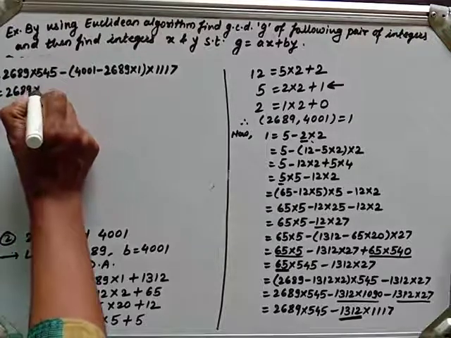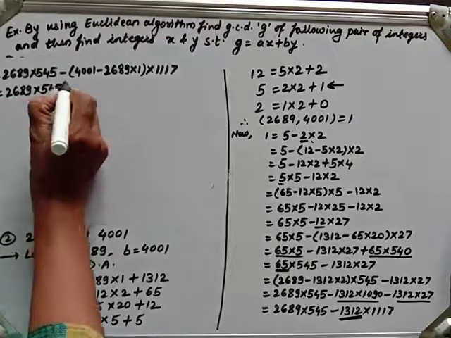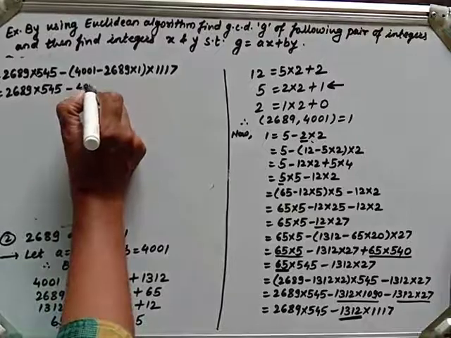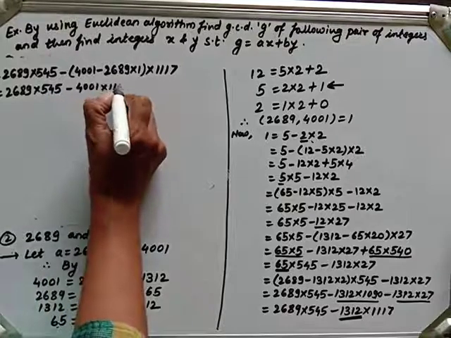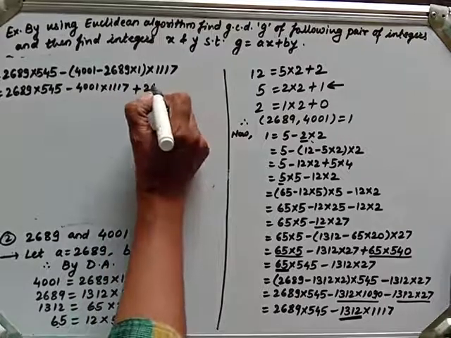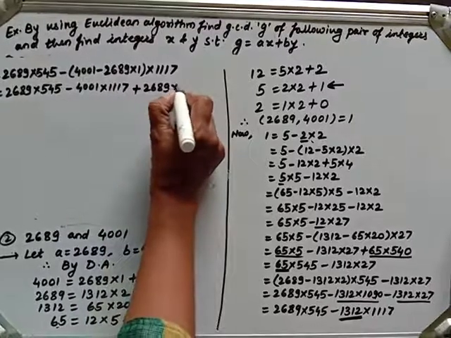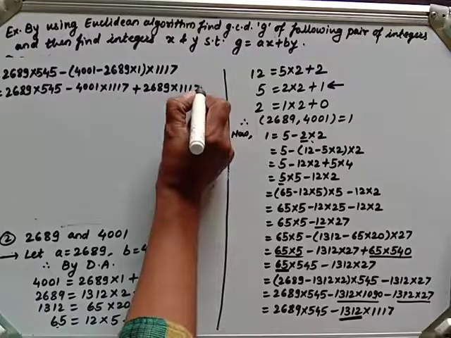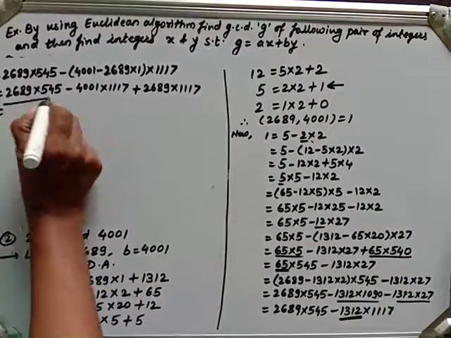2689 multiplied by 545 minus 4001 multiplied by 1117, and this will become plus 2689 multiplied by 1117. So now again add them.